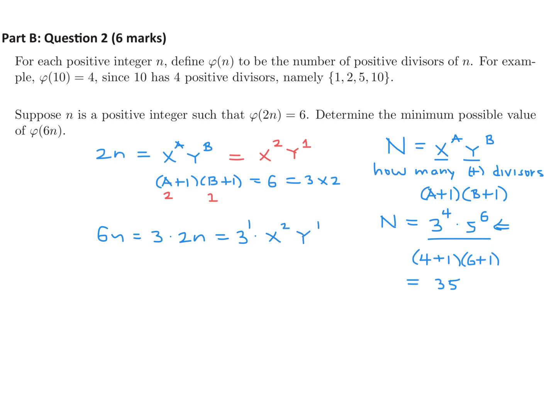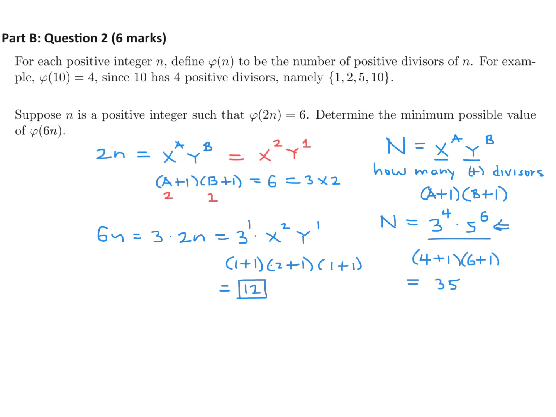Now 3 is to the power of 1. Now they're asking how many positive divisors are there of that? Well, that's pretty easy. You take that 1, add 1. You take that 2, add 1. And you take that 1 and add 1. So now this is 2 times 3 times 2, which is 12.